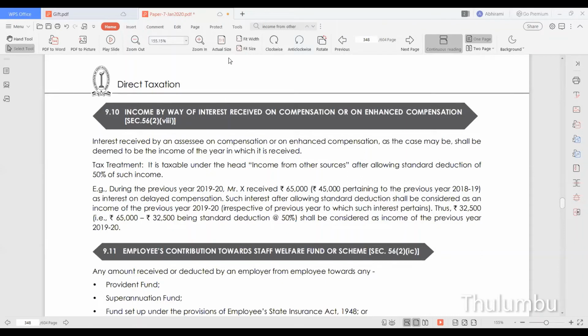During the previous year 1920, Mr. X received 65,000, of which 45,000 pertains to previous year 1819, as interest on delayed compensation. Such interest after allowing standard deduction. So here what happens is that in 1920 I am receiving interest on compensation or enhanced compensation.